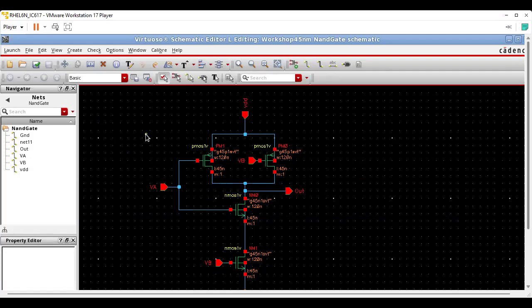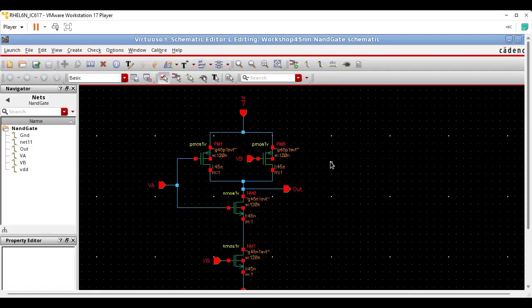So can you see this? This is a circuit of a NAND gate. We have two PMOS in parallel and two NMOS in series, and this is V out. This PMOS and this NMOS both have the input VA. This has input VB. This also has input VB.